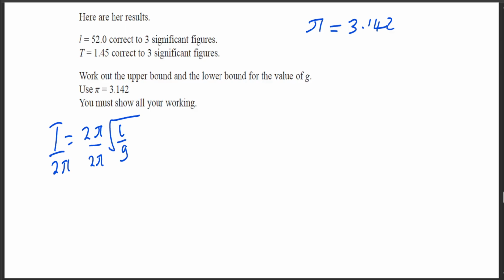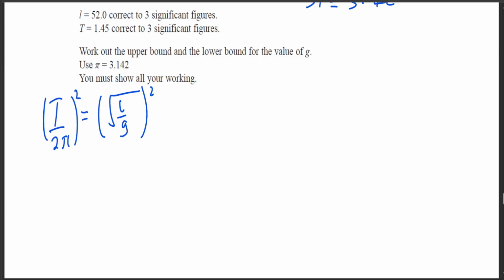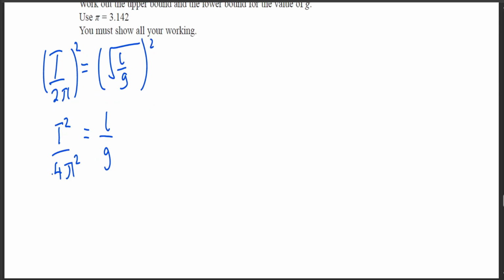Then for you to remove the square root, you square, and you square on the right side also. So you're going to get T squared over 2 pi squared, that is 2 pi squared, which will be 4 pi squared, is equal to L over G. Now we can do it this way.